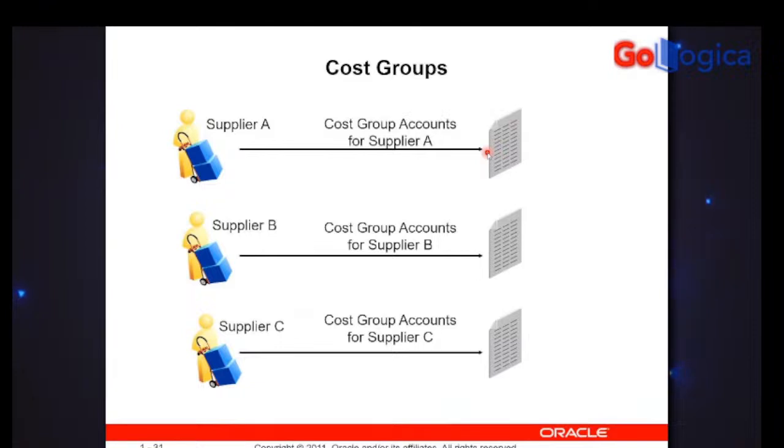Cost group can be assigned at the supplier level and subinventory level. The use is that you can find exactly what the value of raw goods inside your warehouse is directly. If everything is in one cost group, it would be very hectic to find that. That is where it comes into the picture.